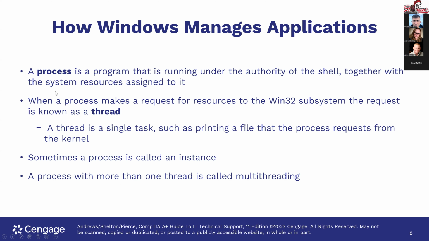Also, what is a process? All right, a process is a program that is running under the authority of the shell, together with the system resources assigned to it. Okay, so you may hear about killing a process.